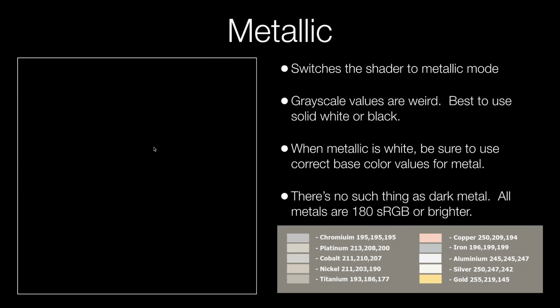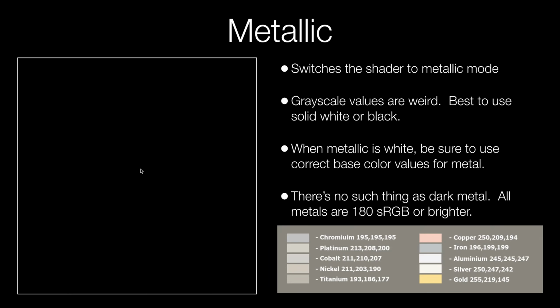So try to make these metallic maps either black and white. Now if there's some little blending happening in between pixels and that sort of thing, that's not going to be that big of a deal. But you're not going to want to do large gradients from black to white or things that are specifically painted gray, for example.